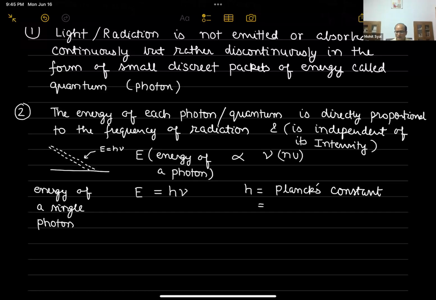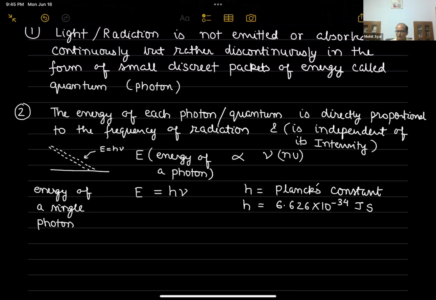Its value is, do remember its value, very important. This is just a universal constant. You are going to use it in physics class 12th also at many places, and in chemistry: 6.626 into 10 to the power minus 34 joule second.